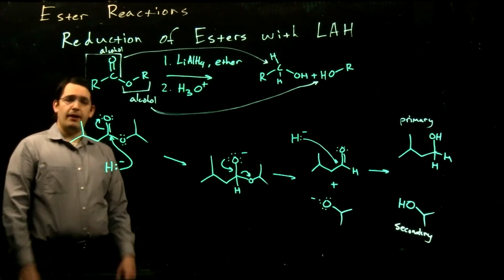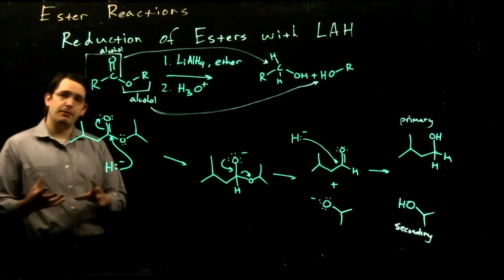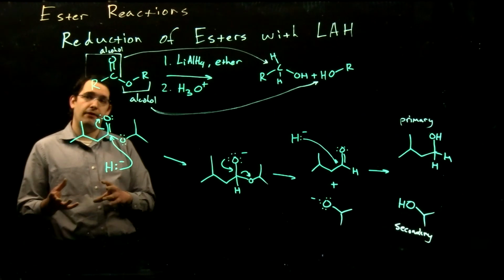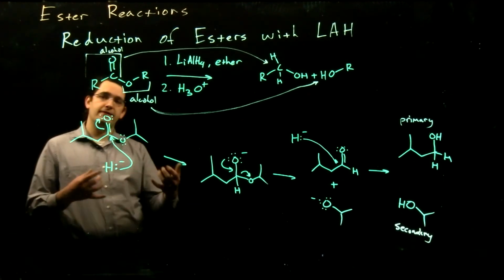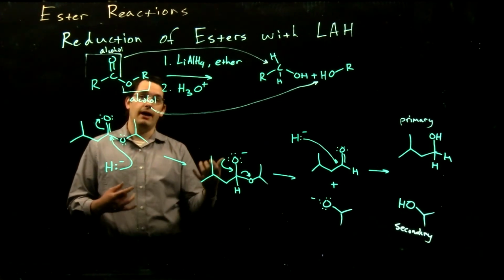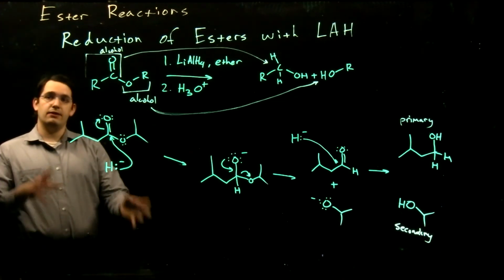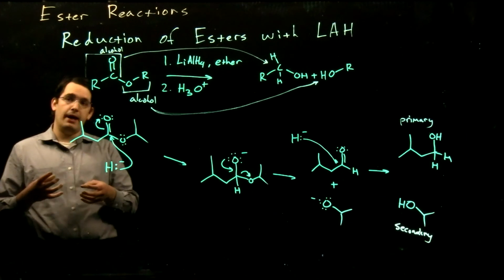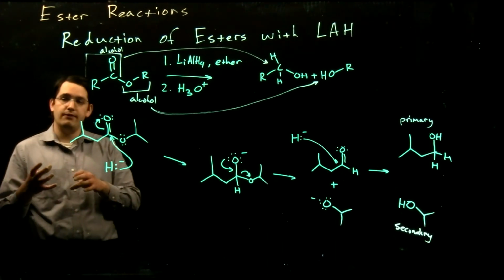So what we see here with our esters is that they have some similarities to our carboxylic acids in their reactivity, but they also have some similarities to our carbonyl compounds of our aldehydes and our ketones. So they do a lot of nucleophilic acyl substitution reactions like our other carboxylic acid derivatives.